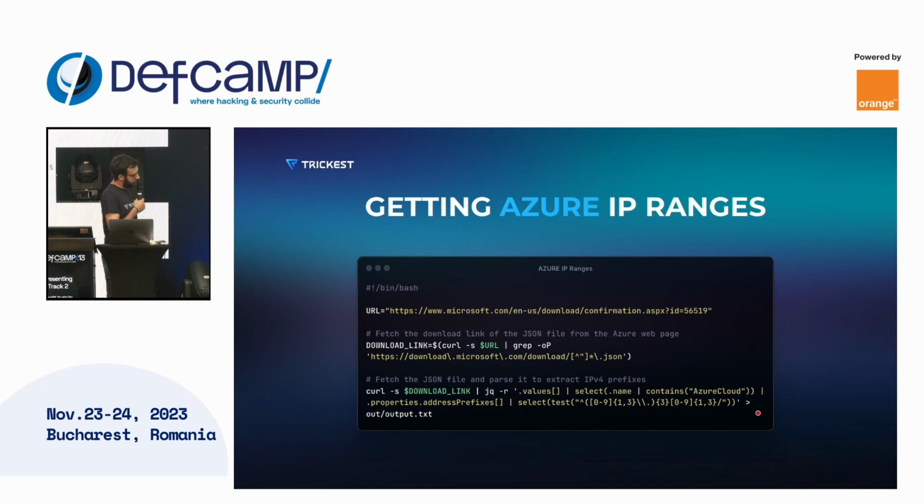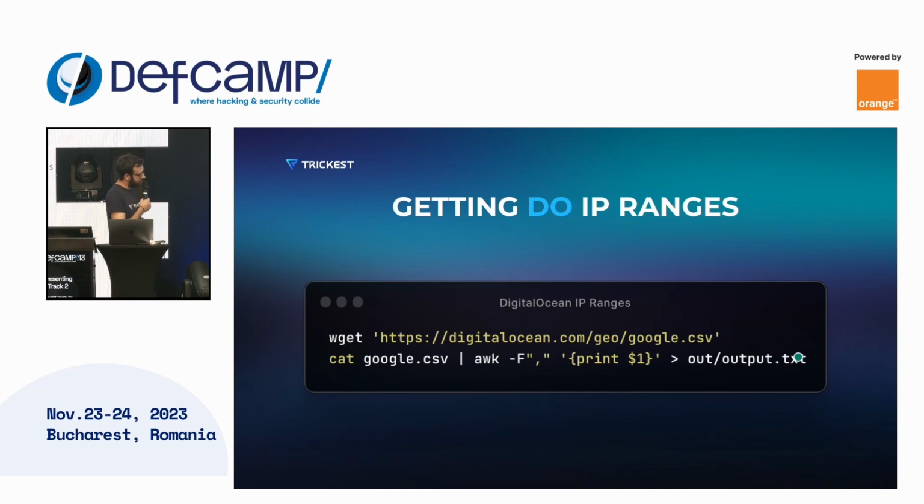Azure is a bit more complex, so we get a URL, we download it, we extract the JSON, and then get all of the IP ranges. And finally, DigitalOcean, we download a CSV file. DigitalOcean apparently uses Google's IP ranges, so we just get them and again create an IP range list.